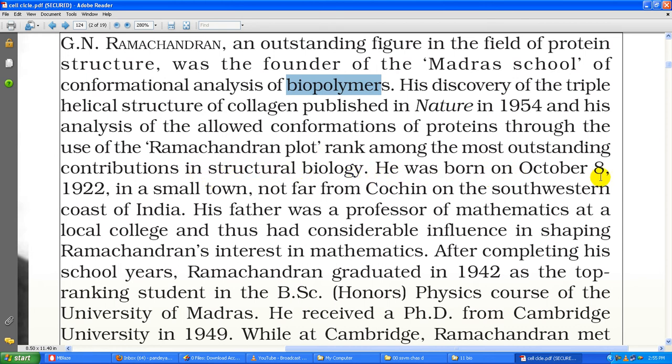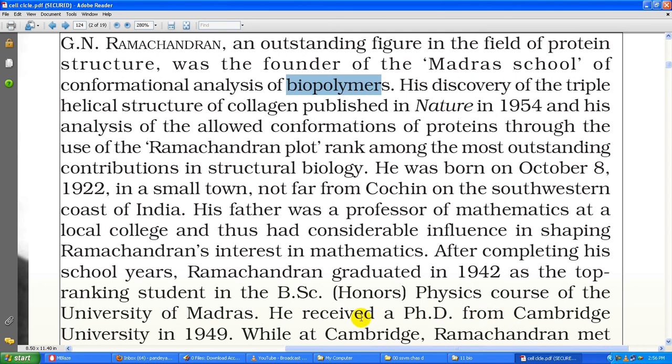He was born on October 8, 1922, in a small town, not far from Cochin on the southwestern coast of India. His father was a professor of mathematics at a local college and thus had considerable influence in shaping his interest in mathematics. After completing his school years, he graduated in 1942 as the top-ranking student in the B.Sc. Honors Physics course of the University of Madras.